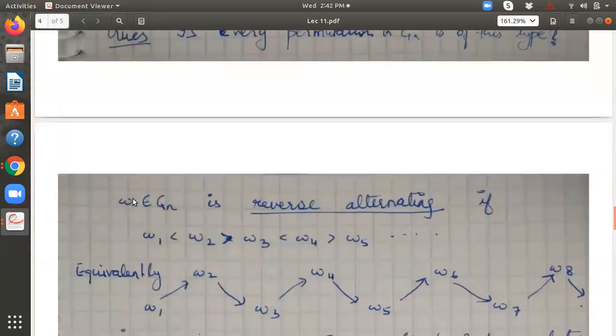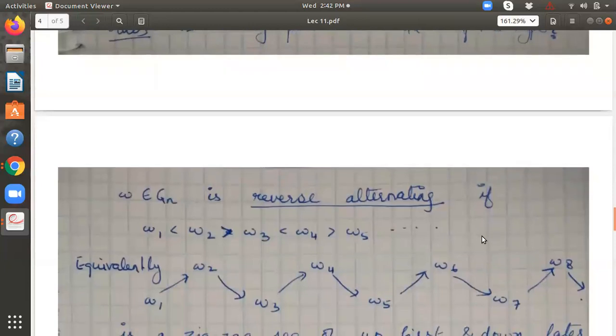If you take W in Gn, then this is reverse alternating if this zigzag is satisfied: W1 is less than W2, bigger than W3, less than W4, bigger than W5, and so on. Pictorially, I would take an up, then down, then up, then down, and so on.